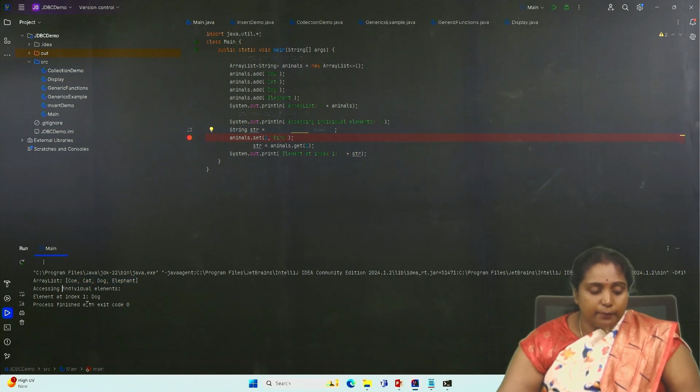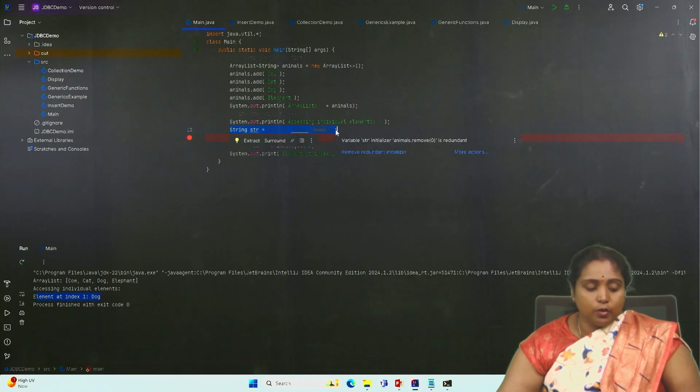Next, the element at index 1 is dog. Why? Because I have removed the cat. By the remove option, I am removing at the particular index 0 value. I have deleted cow, so the cow has been removed. So at index 1 there is a dog now.